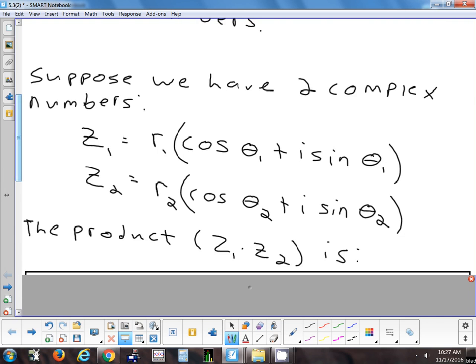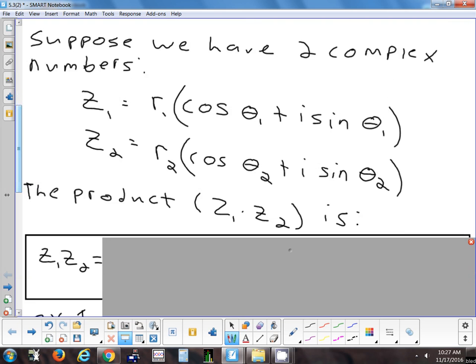So if you want to multiply these two numbers together, Z1 times Z2, if they weren't in polar, you'd be doing everything I just explained. You'd be FOILing them out. But since they are in polar, you don't have to do that. All you have to do in polar is take the two radii, R1 and R2, and multiply them together.